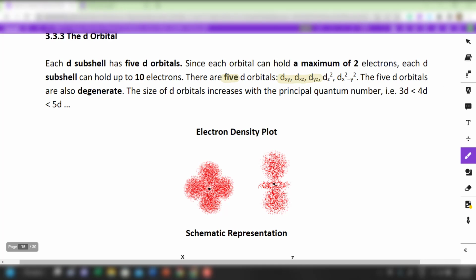When they mention xy, yz, and xz, they mean the orbitals lie along the xy plane, the xz plane, and the yz plane. However, the orbitals do not lie along the axis. Just remember this. They are just along the plane.